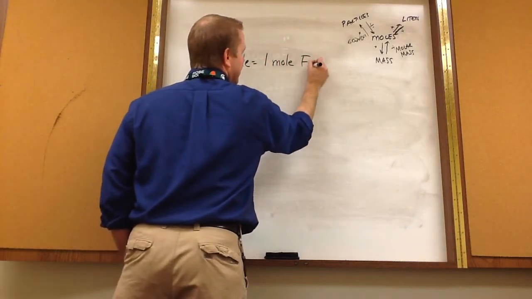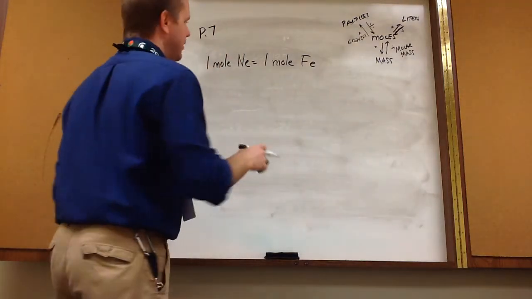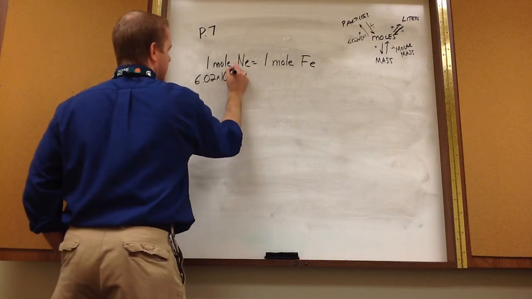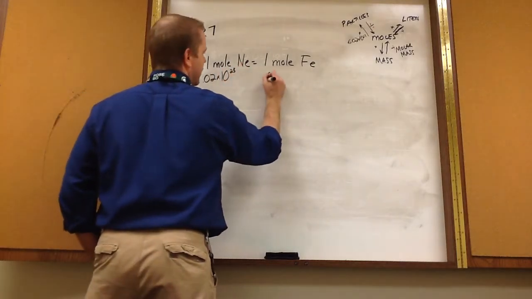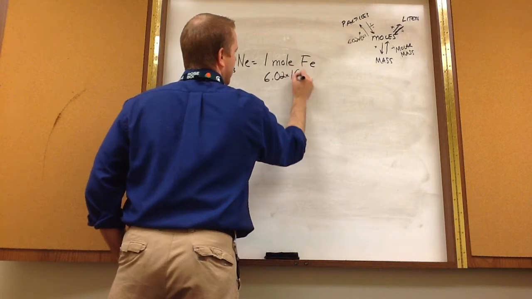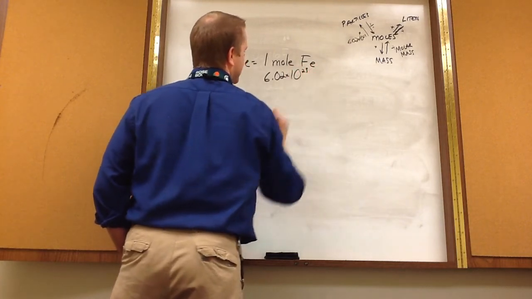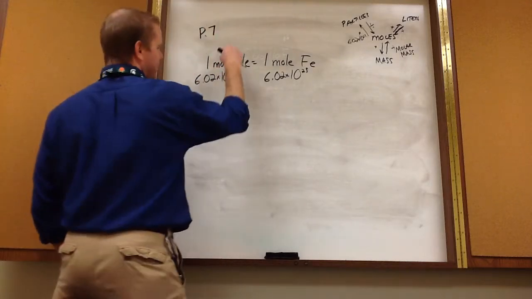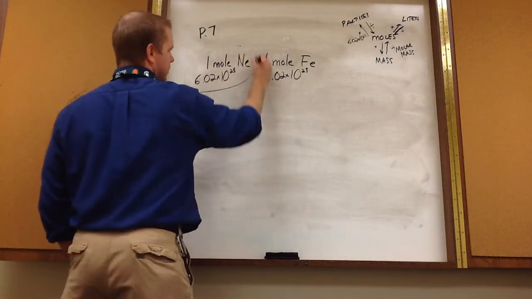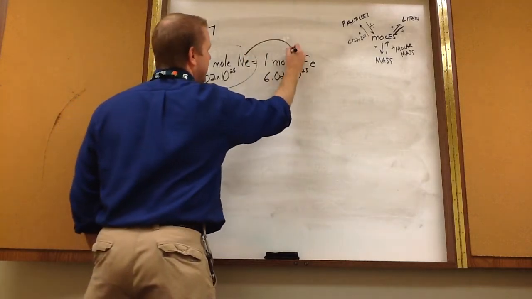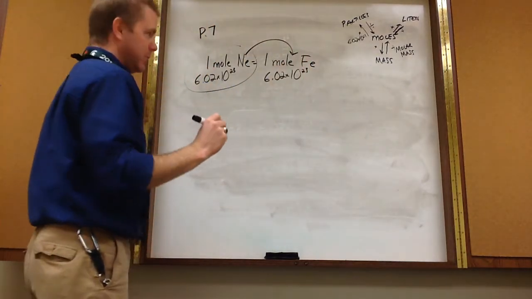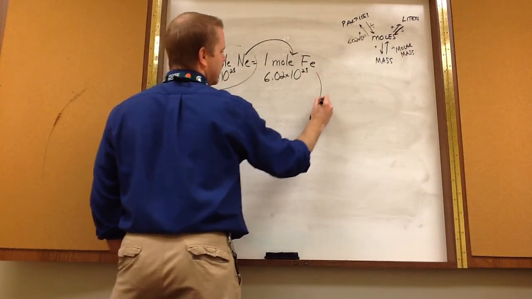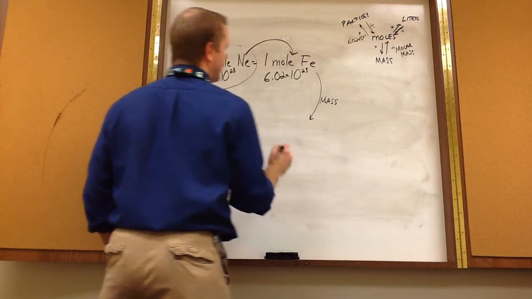Even though they're going to weigh different amounts, or they have different masses, they're still equal, because a mole means 6.02 times 10 to the 23rd atoms of neon. And this means 6.02 times 10 to the 23rd atoms of iron. So what you really have to do here is take the grams of neon, turn it into moles. And that'll be the exact same number of moles as iron. Okay? And then from there you would take that and turn it into mass. I want you to see if you can figure that out.